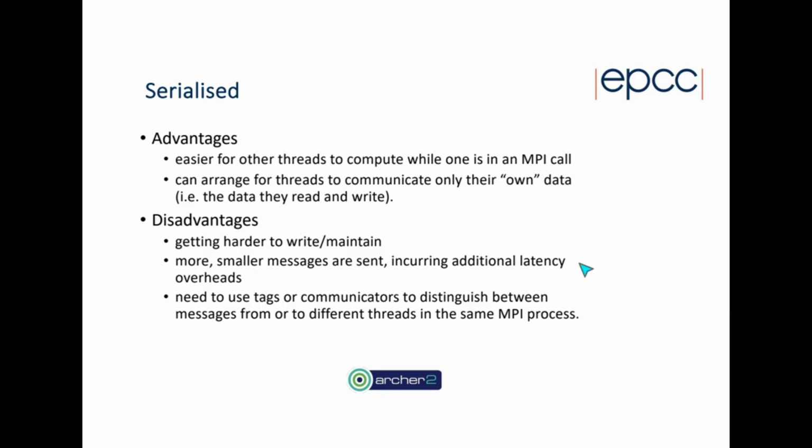The downside of more smaller messages is that you incur some additional latency overheads. Every MPI message has a fixed latency cost for starting the message, and then a cost per byte. Typically, there's a latency plus bandwidth cost for MPI messages, and by having more smaller messages, you're increasing the latency overheads.